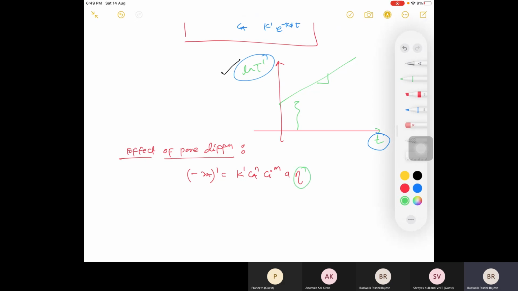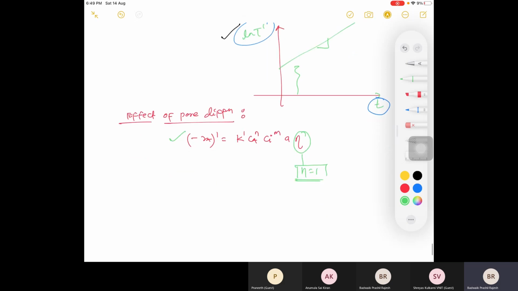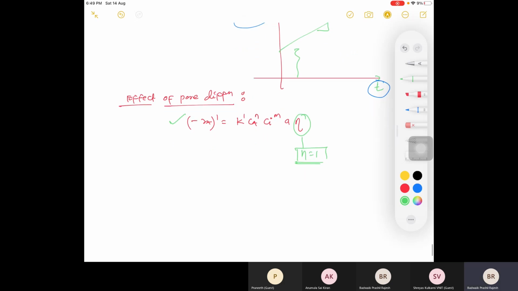We took effectiveness as 1 in previous cases, or we didn't mention anything. That's why we just took eta is equals to 1. Now we are going to see what will be the variation if there is eta. So first case, you write if there is no deactivation.